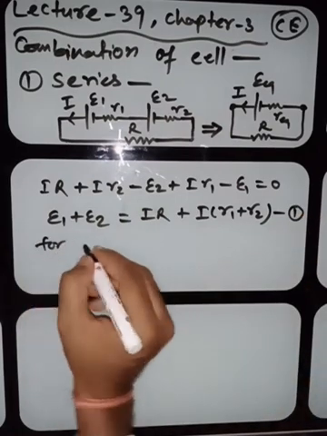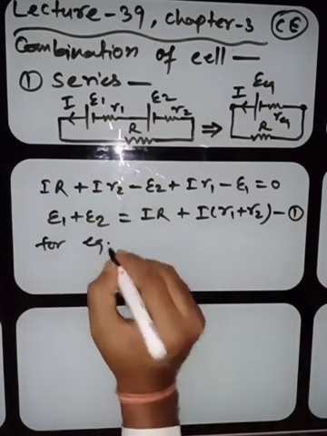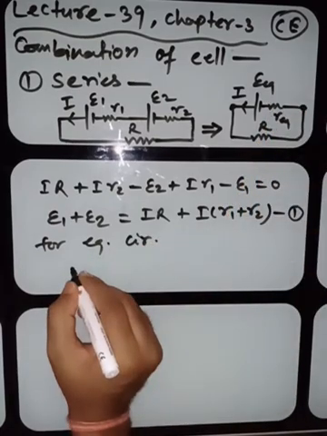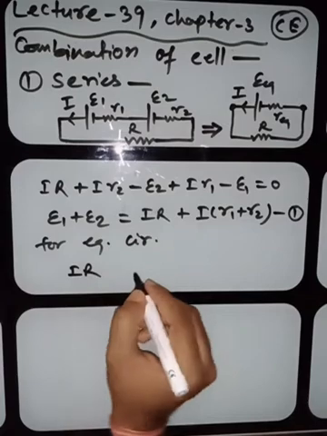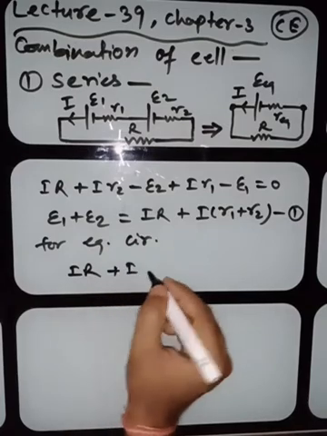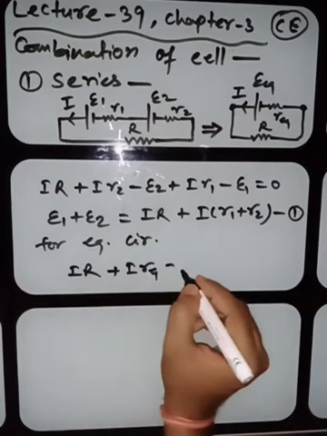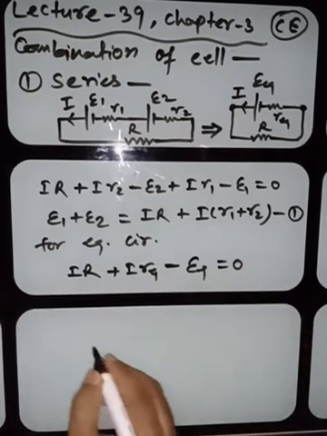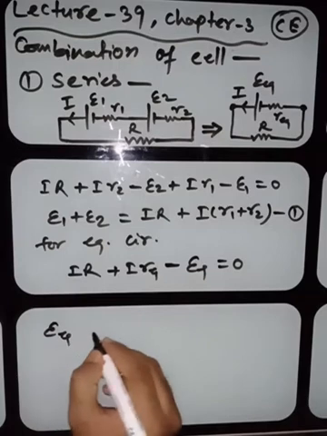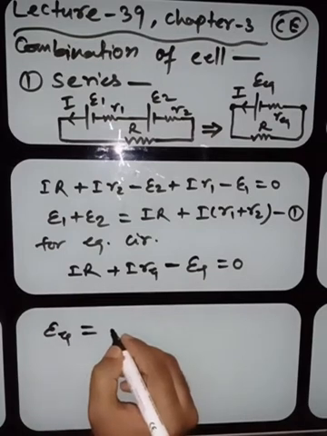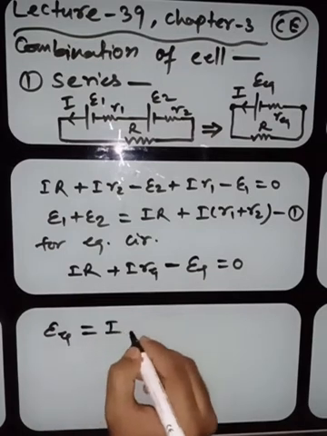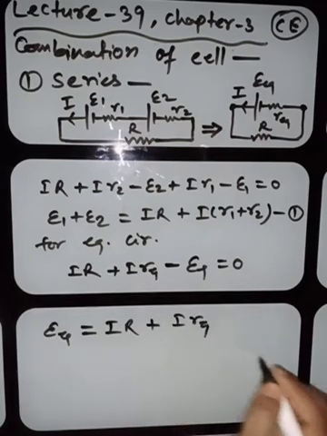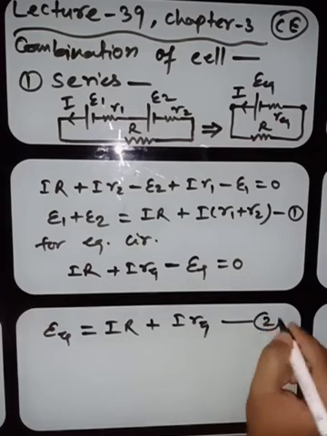Now for the equivalent circuit, look here: I R plus I R equivalent minus E equivalent is equal to 0, or E equivalent is equal to I R plus I R equivalent. This is equation 2.